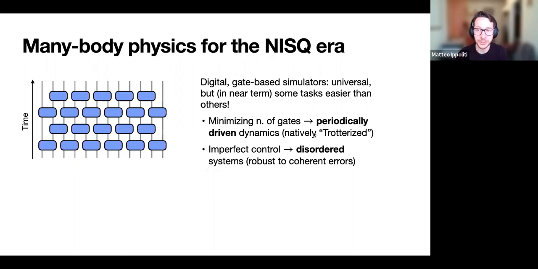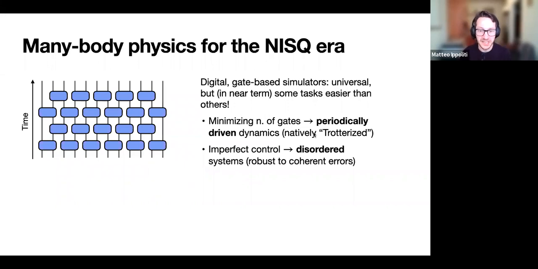And the second consideration is that if you wanted to simulate some phenomenon that strongly relies on fine-tuned properties of certain couplings, for example, symmetries or conservation laws, etc. That might be problematic with finite control accuracy. And so it's beneficial to have phenomena that not only tolerate, but actually rely on disorder.